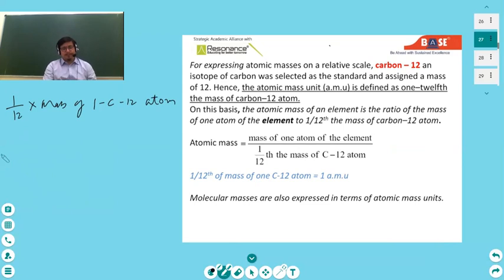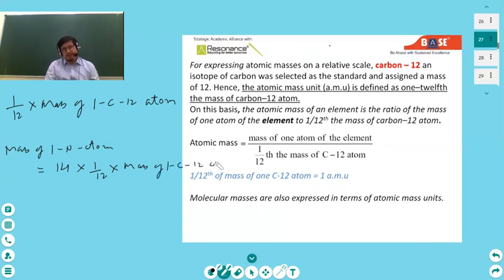For example, if I write the mass of 1 nitrogen atom, it can be written as 14 into 1 by 12 into the mass of 1 carbon 12 atom. So 12 and 12 will cancel, it will give you 14 only.